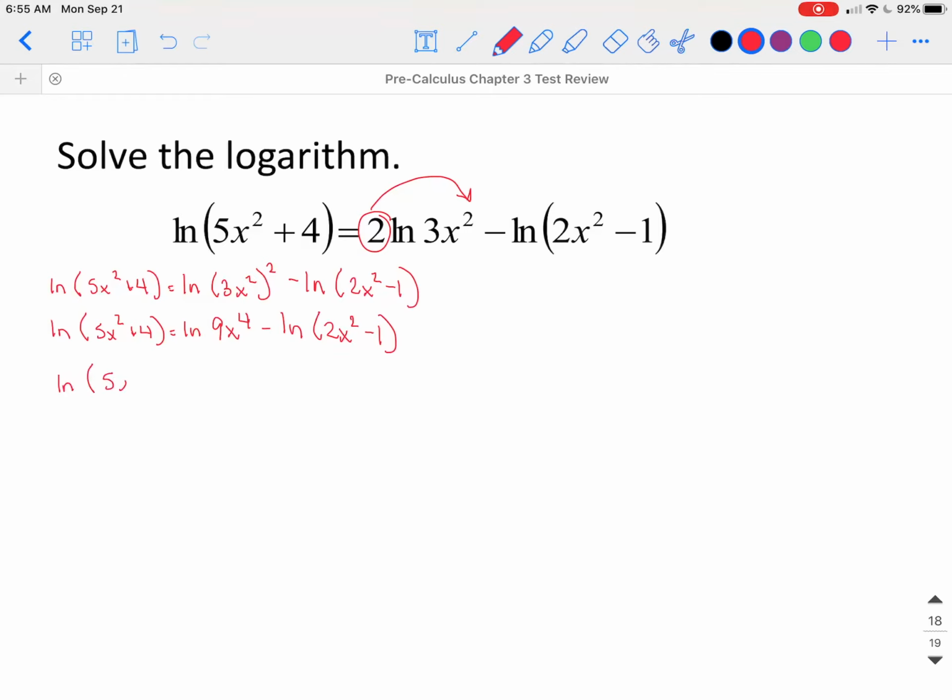So we have the ln of 5x squared plus 4 is equal to the ln of 9x to the 4th over 2x squared minus 1. Since we just have an ln of a quantity on the left and an ln of one big quantity on the right, we can get rid of the ln's and just set the pieces equal to each other.